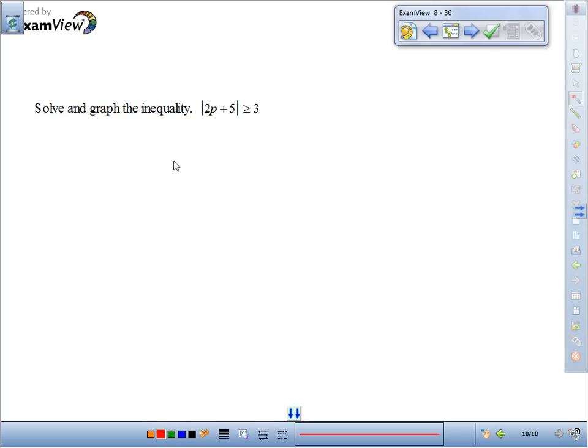Once again, what do you see here? Absolute value. So what does that tell you? 2 equations, but in this case, they're what? Inequalities. 2 inequalities. So therefore, let's simplify. Is there anything outside the absolute value?